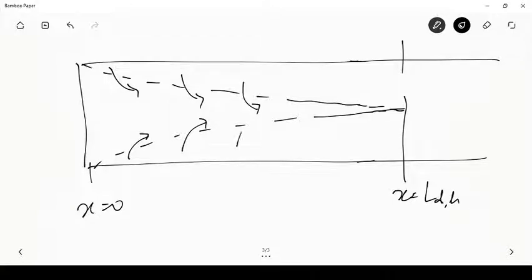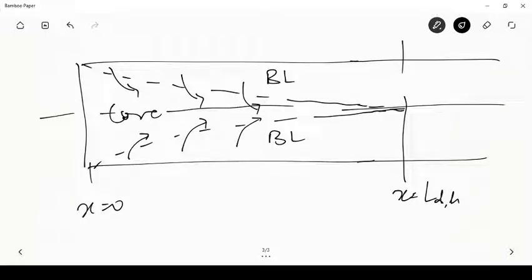So the mass flow inside the boundary layer region is less as compared to the mean flow, and the mass flow in between the two boundary layers, the core region, is larger. If I call this the boundary layer region and the core region of the parallel plate channel, then in the core region, nearer to the center of the channel, the velocity would go on increasing because more and more mass leaves the boundary layer and comes out to the core.